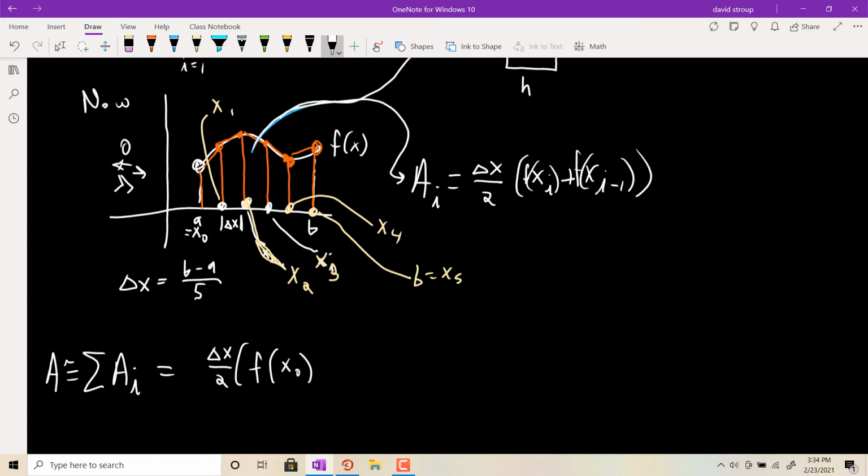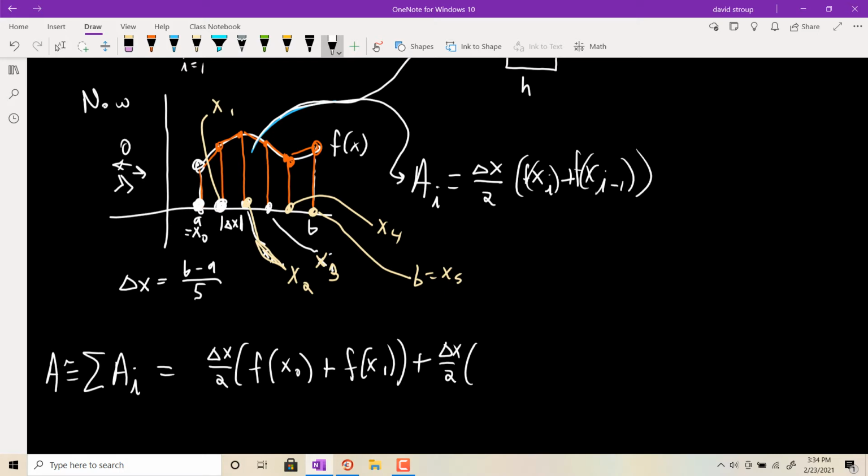So I have f of x sub 0 plus f of x sub 1 for the first trapezoid, plus change in x over 2 times the next trapezoid. There's an overlap of the points. On the first trapezoid, the left endpoint was x sub 0 and the right was x sub 1.